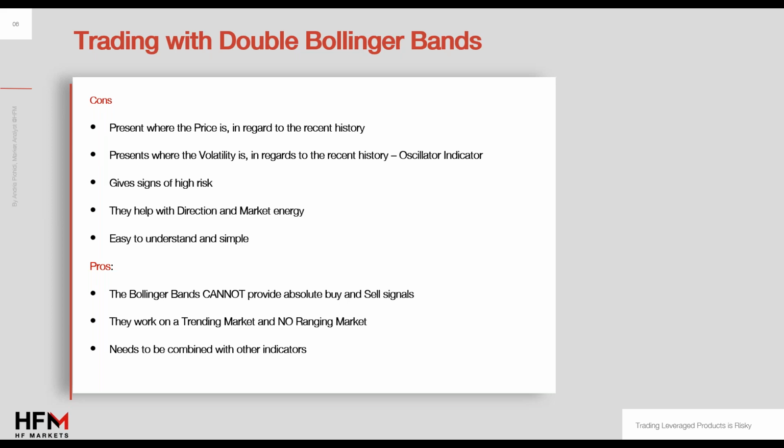Or in other cases in which we don't have a strong trend, but instead a trend that is not so clear, when there is no clear trend and you need to either stand aside or switch from a trend following system to a range trading system, the double Bollingers, even in this case, will help you to open some short-term positions, or they will signal you when it's time to take profit or to get ready to trade the reversal.